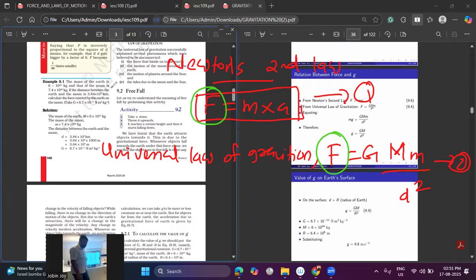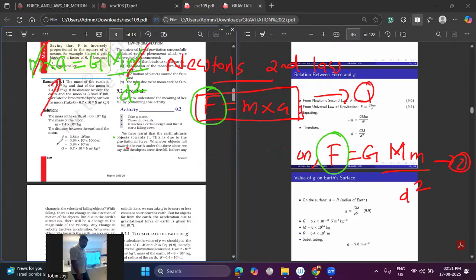So I can write m into a is equal to capital G, capital M, small m divided by d square. So this small m is cancelled.